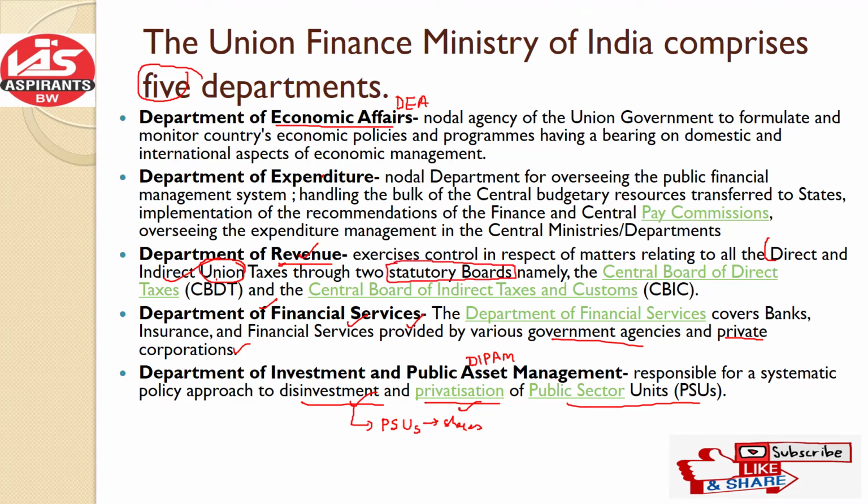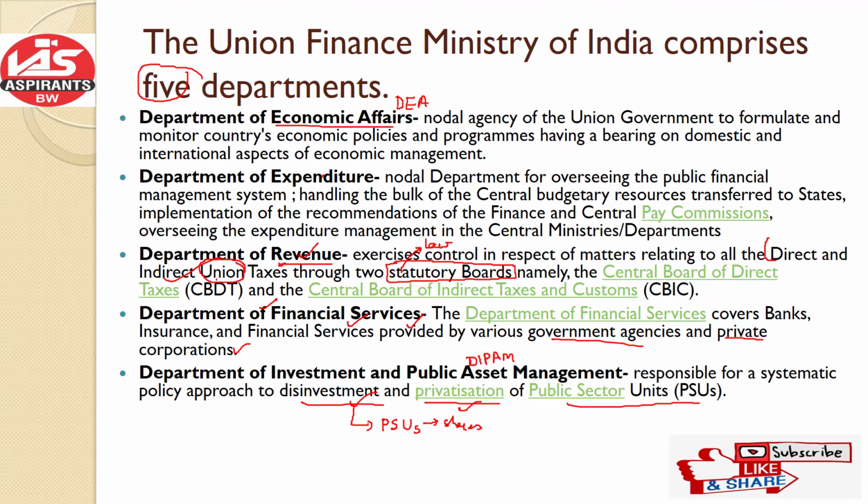Statutory means they have been made by a law. The organizations made by the enactment of a law are known as statutory bodies. In this case, we have CBDT and CBIC. I have made separate videos for both of these boards. If you want to see them, you can watch the playlist of the organizations, and otherwise at the end of the video I'll also put the video link.